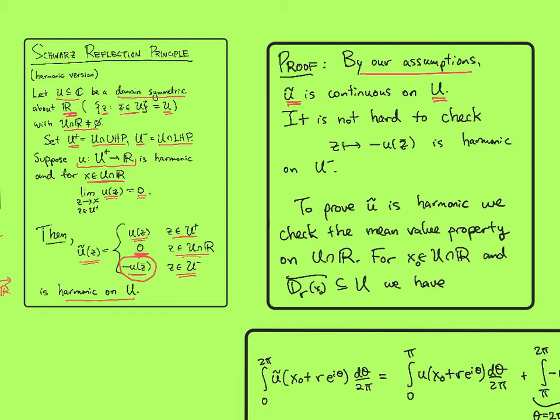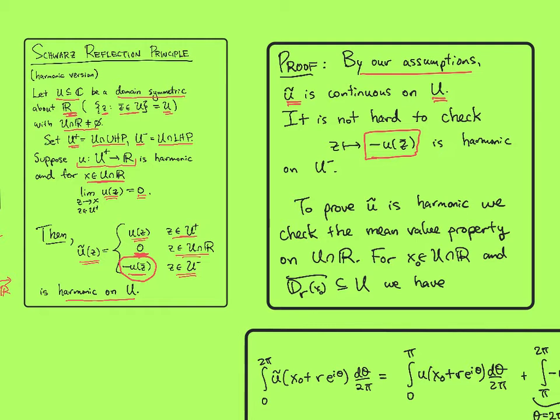We also have that this function here, negative U of z bar, is harmonic on the lower portion. You could just check that by taking the Laplacian or realizing that U composed with an anti-analytic function will be harmonic just as if you would compose U with an analytic function.